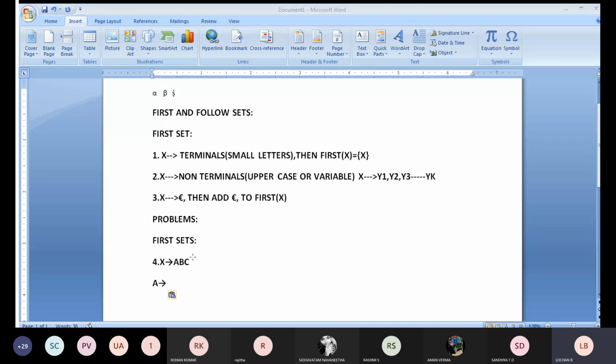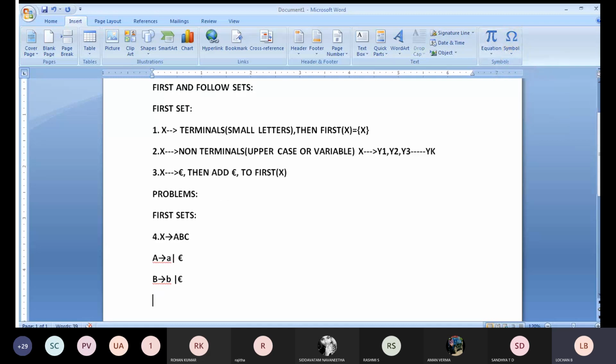So A is small a or epsilon, I'll take in this particular case. Next I'm going to continue my production. B implies small b or epsilon, I will take.